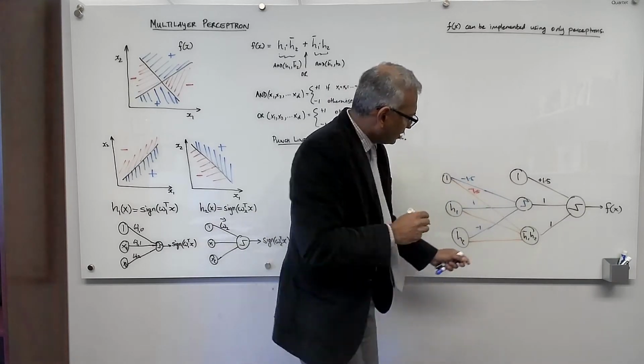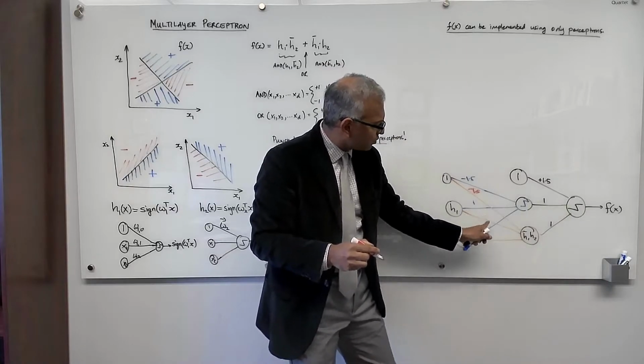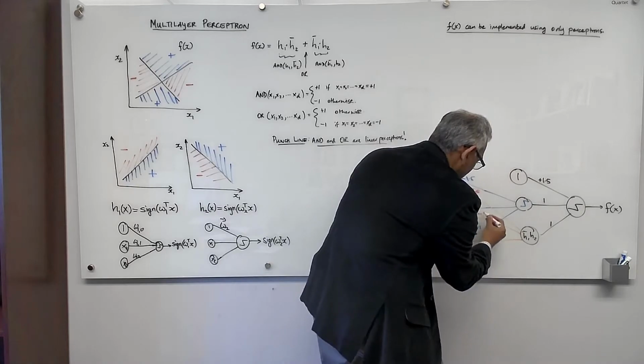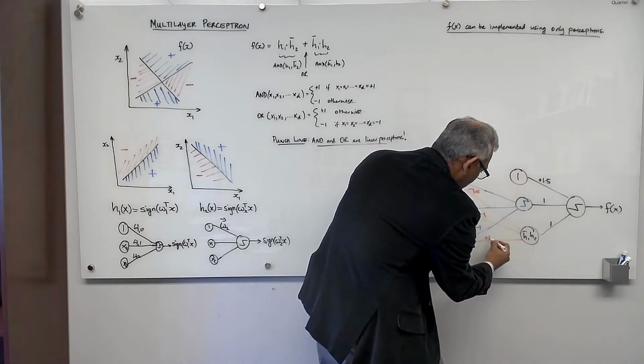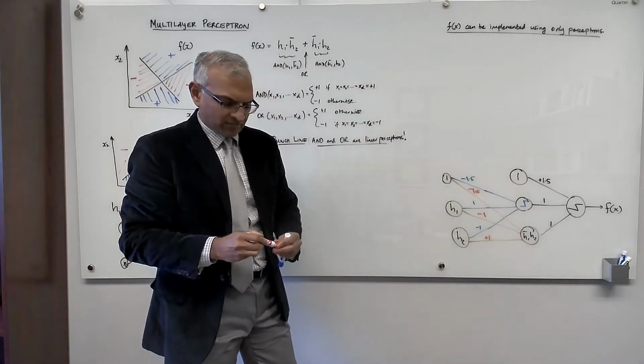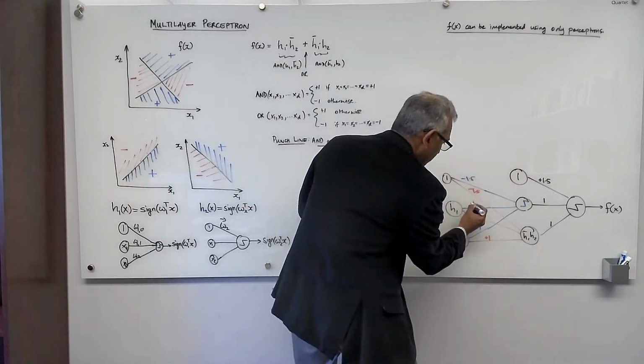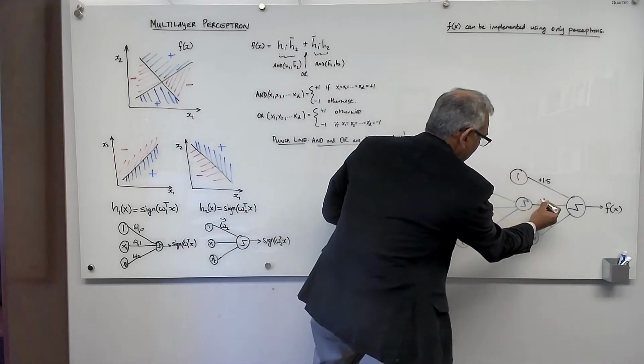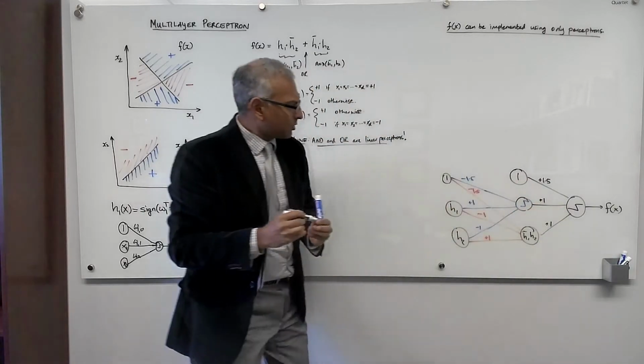Now, if I were computing the AND of H1 and H2, these weights would both be 1. But I need the negation of H1. So this weight becomes minus 1, and this weight becomes plus 1. If I wanted to be meticulous, I would put plus 1 here. And here, I would put plus 1.